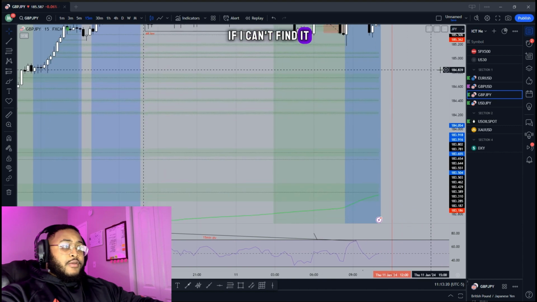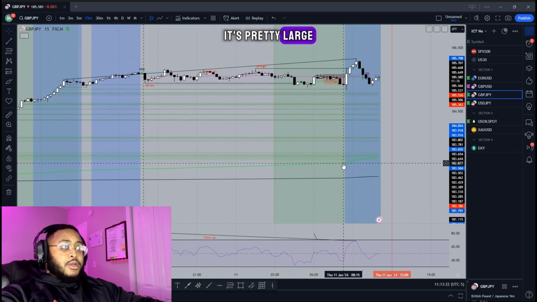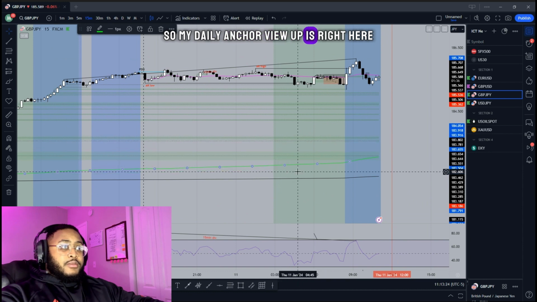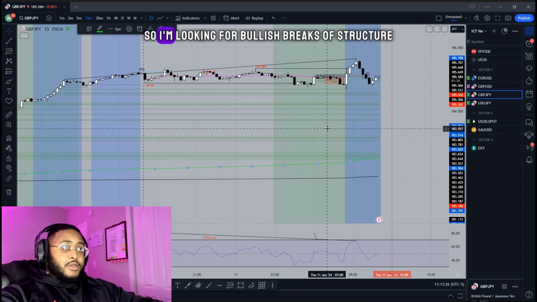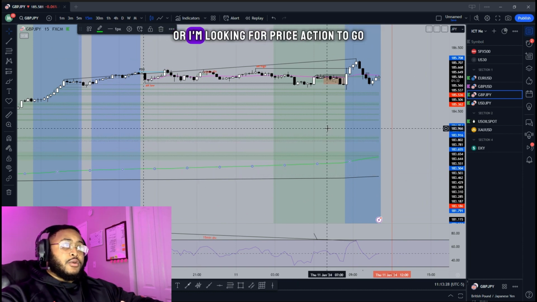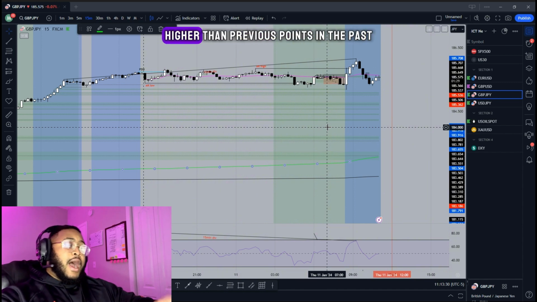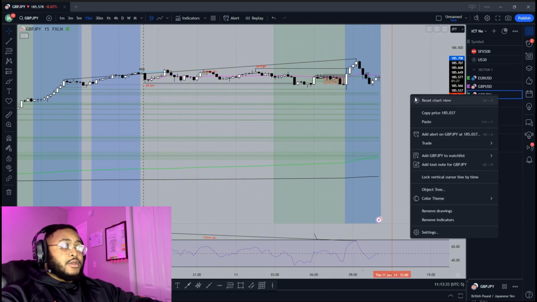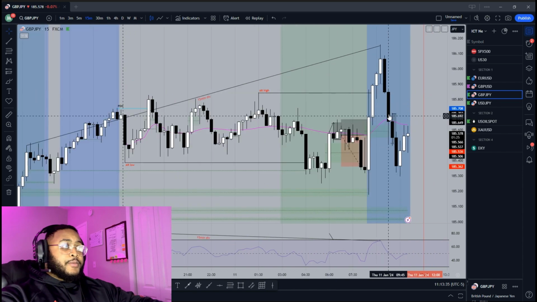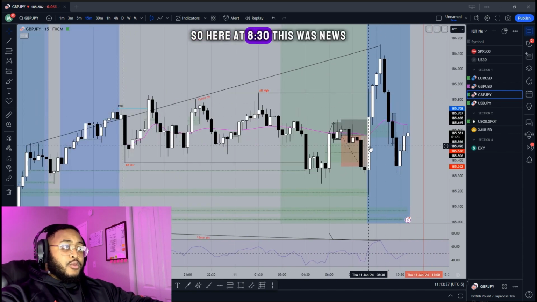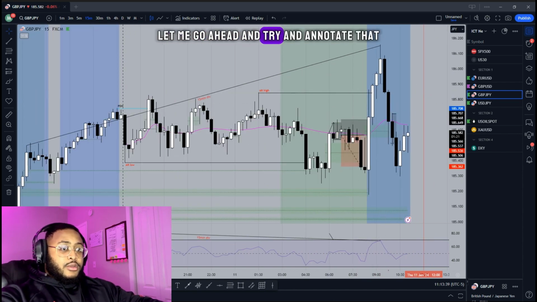If I can't find it, there you go. It's pretty large. So my daily anchor VWAP is right here. Price action is above it, so I'm looking for bullish breaks of structure, or I'm looking for price action to go higher than previous points in the past. So here at 8:30, this was news. Let me go ahead and try and annotate that.